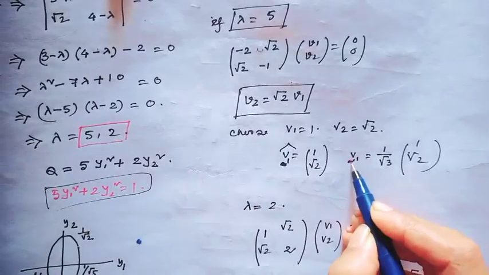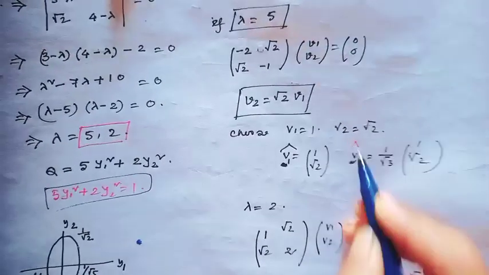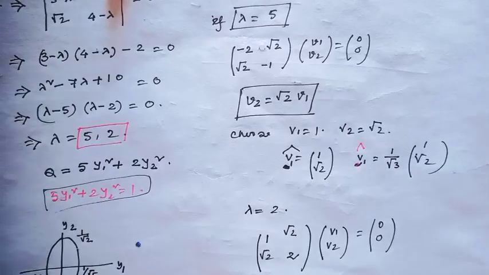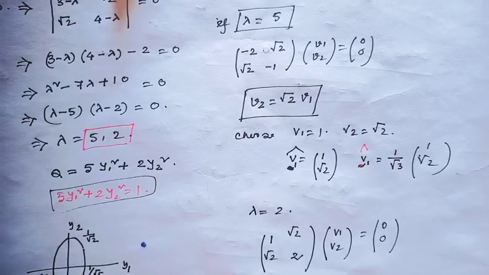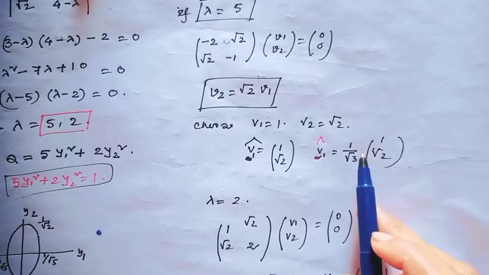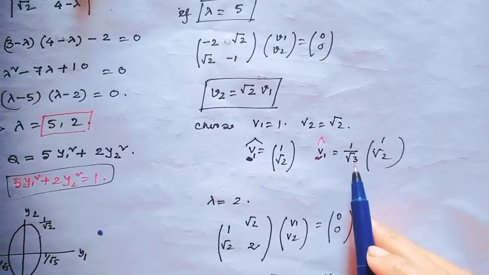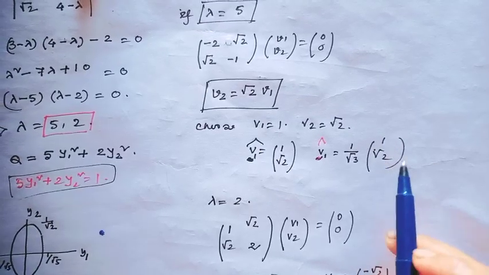And obviously we all know for the principal axis theorem we have to take those eigenvectors which are unit in norm. So just divide by the norm. So this would be 1 over square root of 3 times the vector 1, square root of 2.